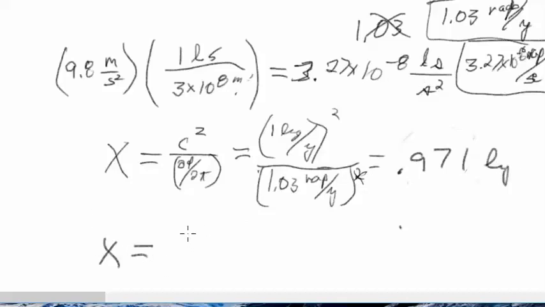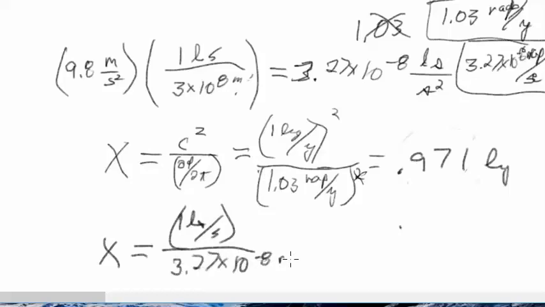All right, let's do it with the other format. We'll take c squared is 1 light second per second and divide that by 3.27 times 10 to the negative 8th rapidians per second. Again, not squared.